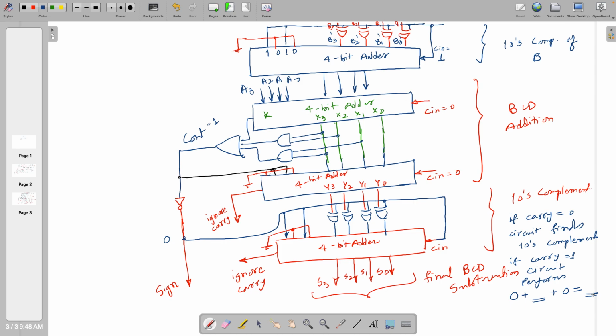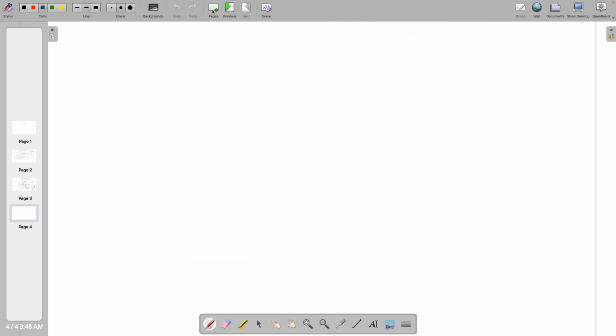So we will get the answer accordingly. So this is about BCD subtraction using tens complement. Just for your home task, I am giving you the nines complement method, but I am just explaining the nines complement method. You can further use it for implementing BCD subtraction.